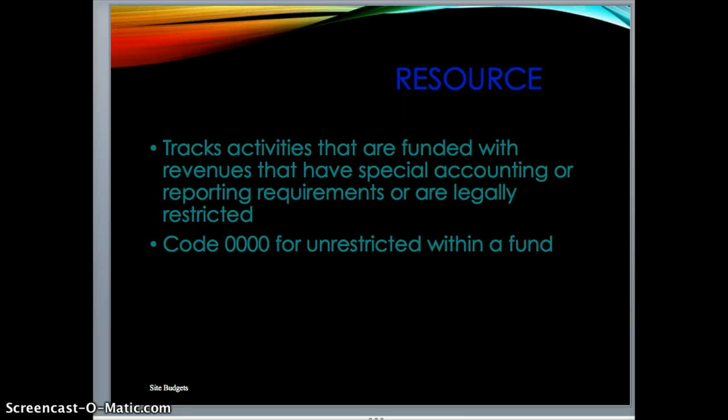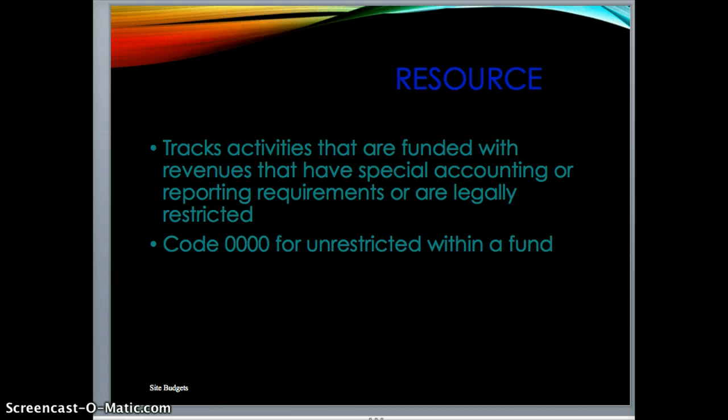The resource is that unique identifier that identifies the funding source. So if it's unrestricted dollars like LCFF, the funding source is unrestricted, it's going to be 0000. Where the resources really become important is when you talk about restricted funds.